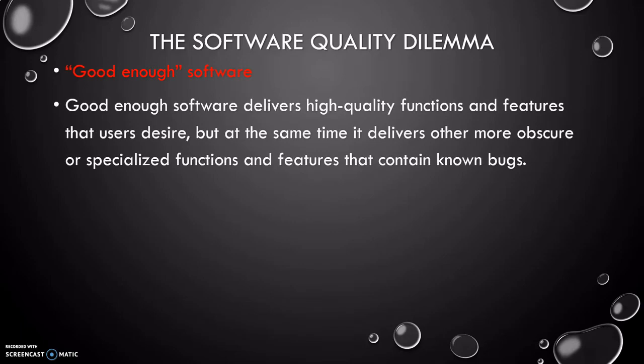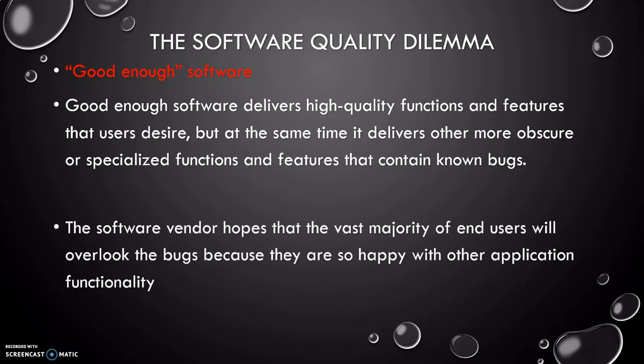Good enough software delivers high quality functions and features that users desire, but at the same time it delivers other more obscure or specialized functions and features that contain bugs. So while delivering high quality functions and features, we have to accept that the software can at the same time contain bugs. It is a difficult choice: we have to choose high quality software, but at the same time we will be encountering bugs also.